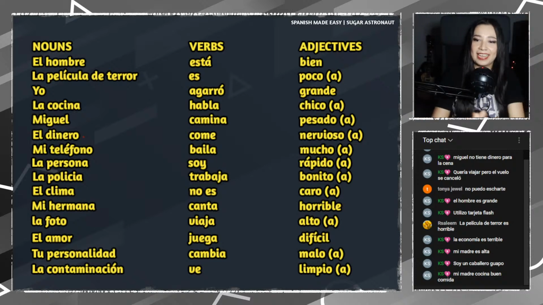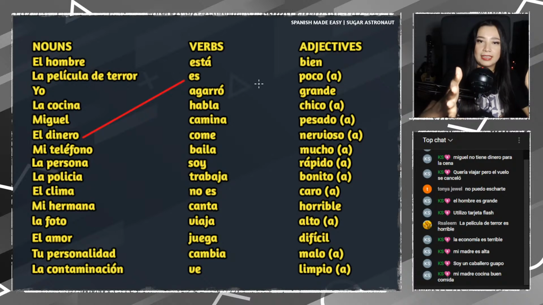And now let's move on and let's talk about el dinero. El dinero es. El dinero es, that's the basic structure that you can have in a sentence. Using the verb to be is very essential in Spanish.